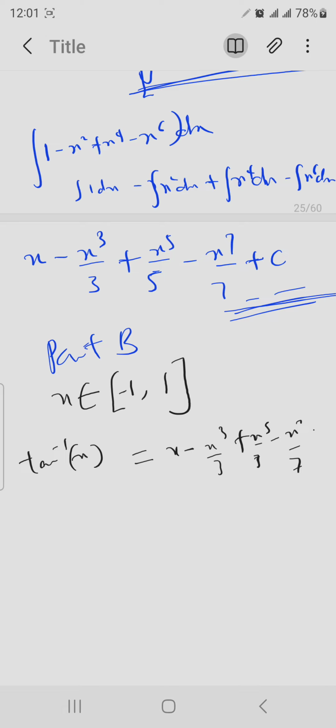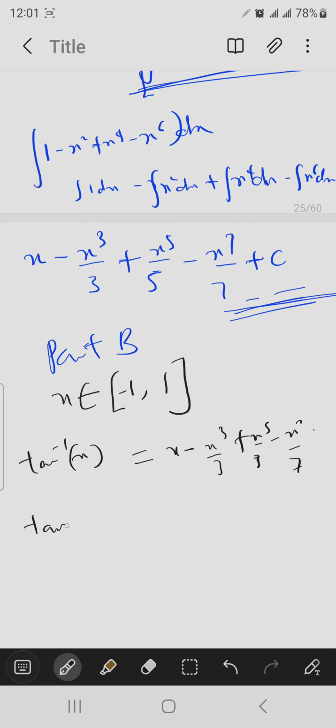So now we put arctan of minus 1. You put x equals minus 1 here. So we now have minus 1, minus 1 over 3, plus minus 1 over 5, plus minus 1 over 7. Wherever you want to stop, but you can stop at 3 raised to the power 5. It depends.